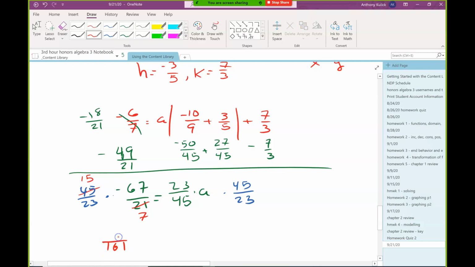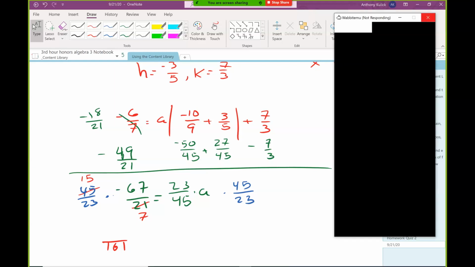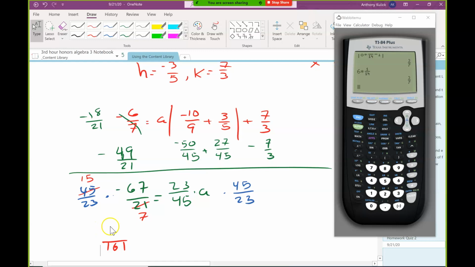I can do that in my head. 15 times 67, I could do in my head. I'm just not willing to think that hard right now about it. What it's like negative 670 plus 335. So that's like 1005 or something.